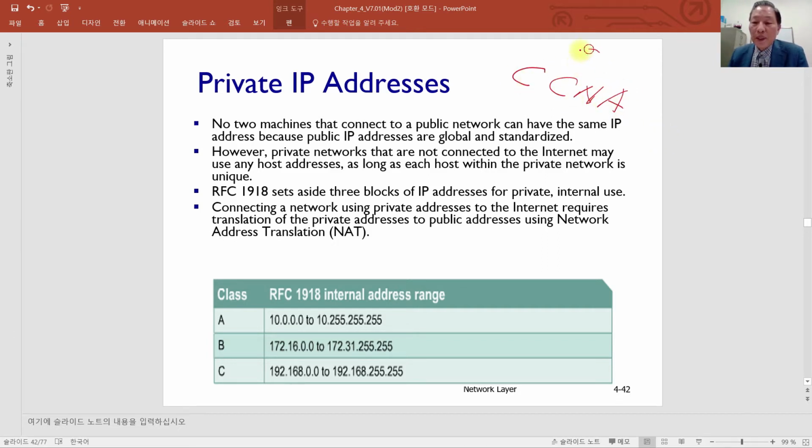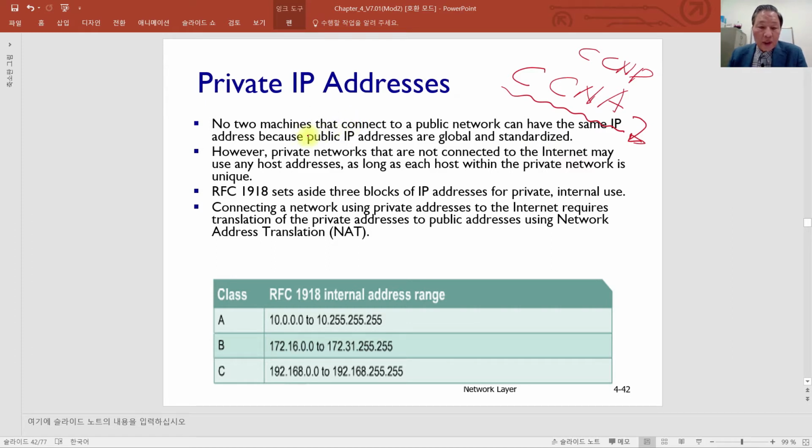There are some textbooks from Cisco, and there is the CCNA textbook. A few years ago, I used this CCNA textbook for our computer network lecture. This slide is good for understanding the private IP addresses that I brought here.